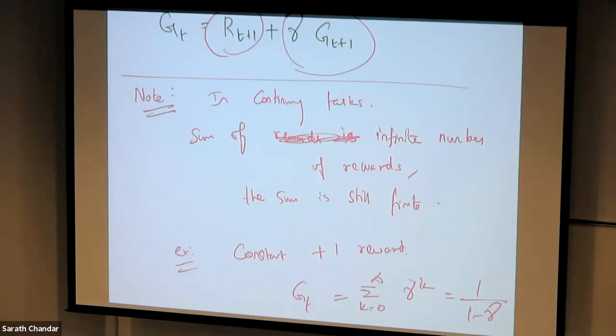Now we have seen two types of tasks here, episodic and continuing. For both these tasks, we defined returns in two different ways. We cannot keep discussing two versions of the algorithms throughout the course. So what we are going to do now is combine them and have one unified notation for return. That is the notation we are going to use moving forward, and it is going to capture both types of tasks.